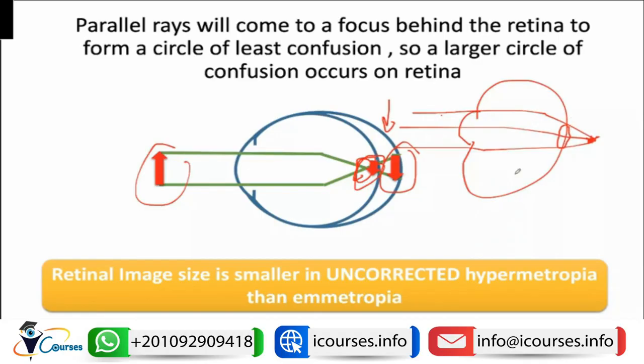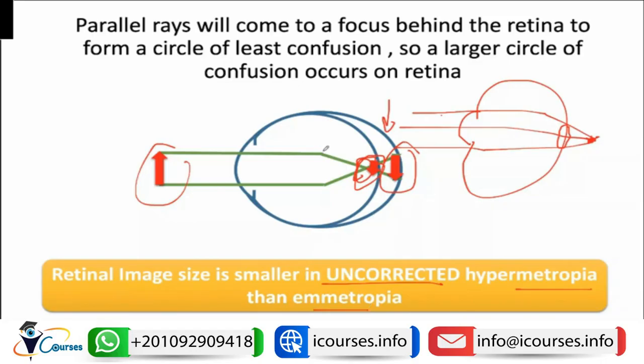And the retinal image size is smaller in uncorrected hypermetropia than in emmetropia. We said that in myopia, the retinal image size will be larger, and the reverse will be in hypermetropia. If we have uncorrected hypermetropia, the eye itself acts as a magnifying lens.